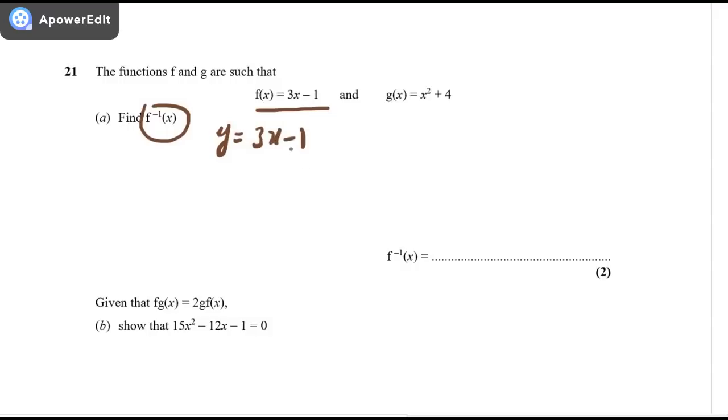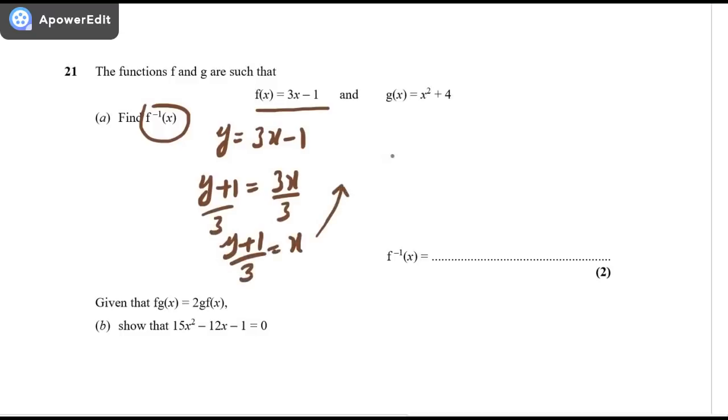So you can add 1 to both sides, so this becomes y plus 1 is equal to 3x. Now I need to divide by 3 on both sides, because this is times, so it's going to be y plus 1 over 3 is equal to x. Now I got x is equal to y plus 1 divided by 3.